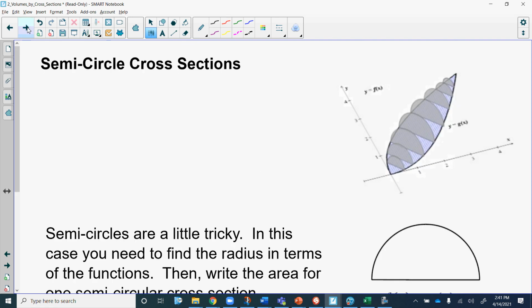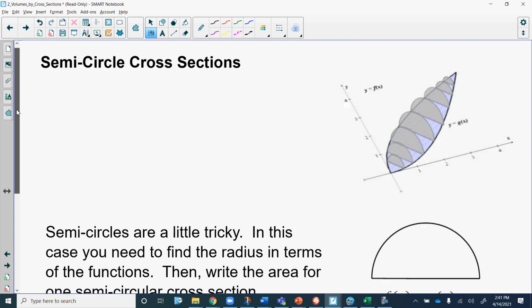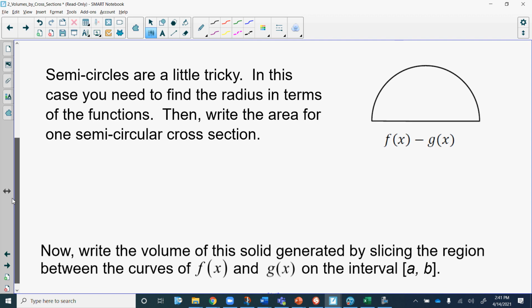Here we're looking at what the cross-sectional region of a semicircle would look like for our two expressions for the f of x and g of x, where they're talking about those two curves that are going to create the semicircular region.